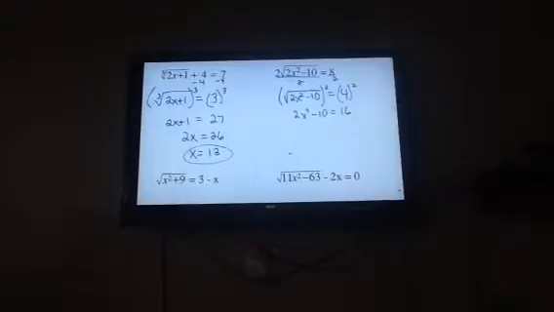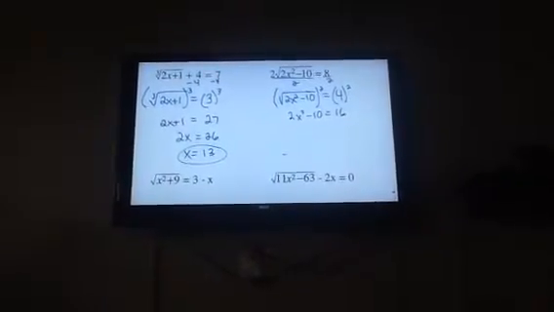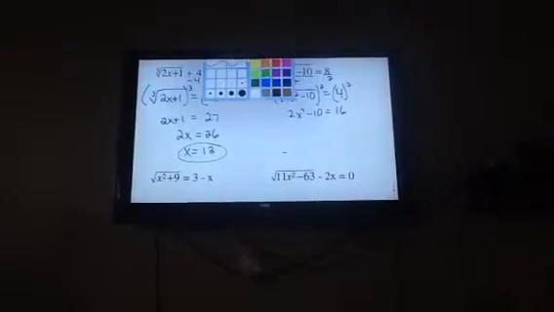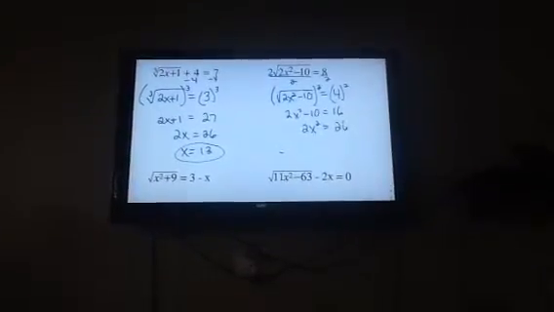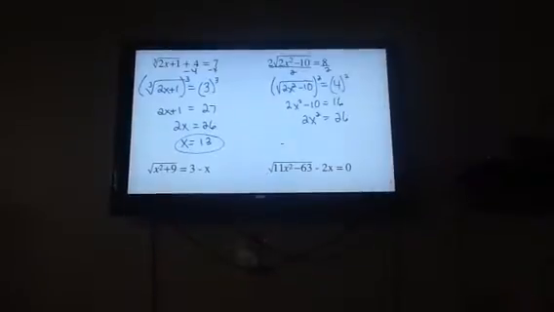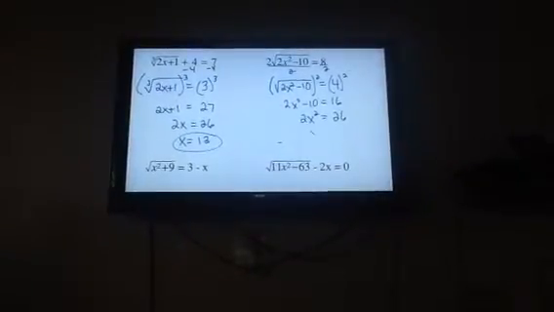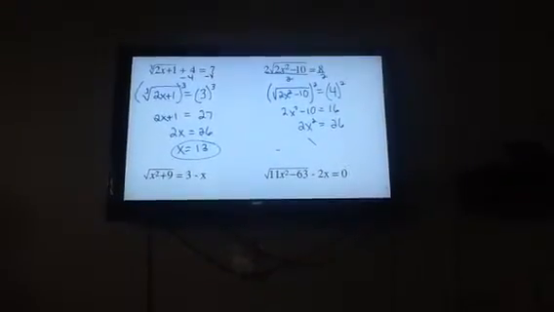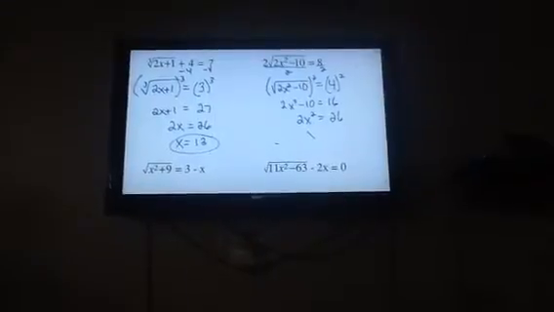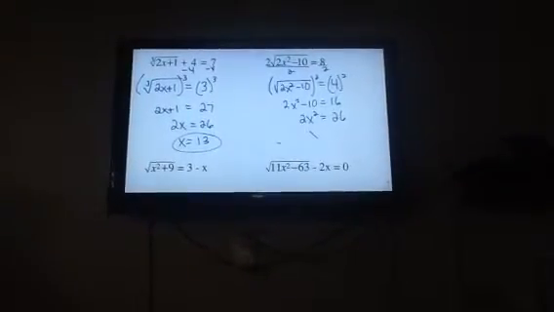Okay. So I'm going to add 10 to both sides. Two x squared equals 26. And then I'm going to divide by 2. So x squared is 13, which I've written, and it's delaying, which means it's probably going to shut off.